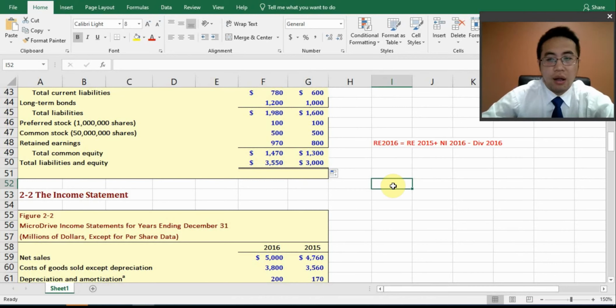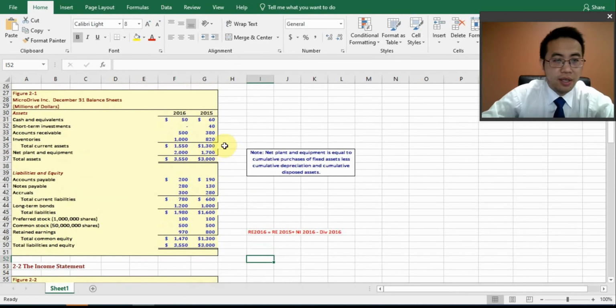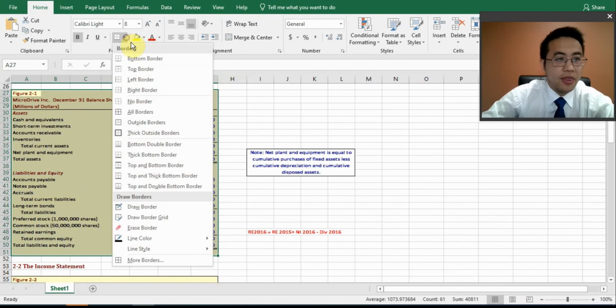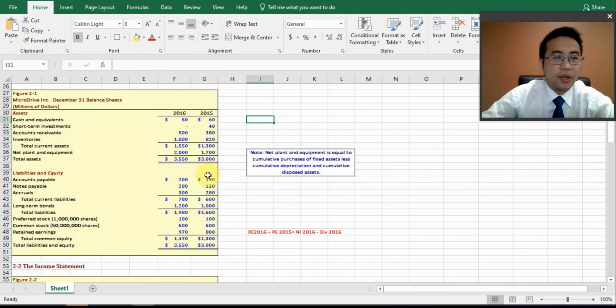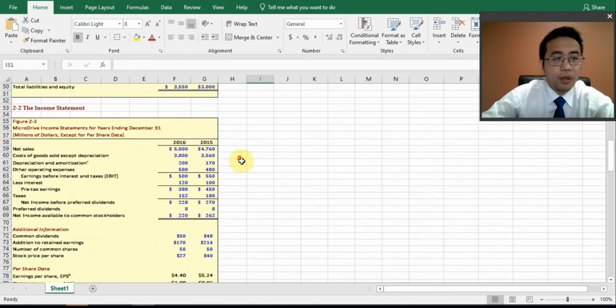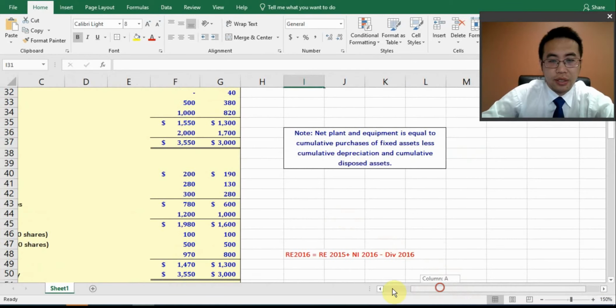Okay, so now I have finished the formula construction of all the items in the balance sheet. As you can see, when I drag it, some of the border got eliminated, but don't worry about it. I can just select the whole thing and then do the outside borders, and then it got recovered to the original format.